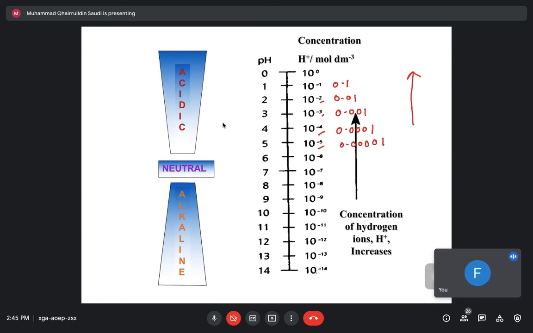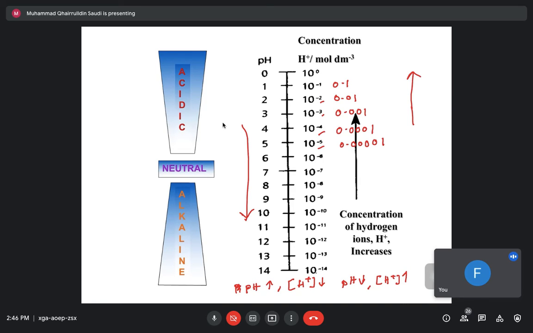So, kita tahu pH value increase ataupun ke bawah, concentration of hydrogen ion decrease. pH value decrease ataupun ke atas, concentration of hydrogen ion increase. Betul tak? Nampak tak? Okay.